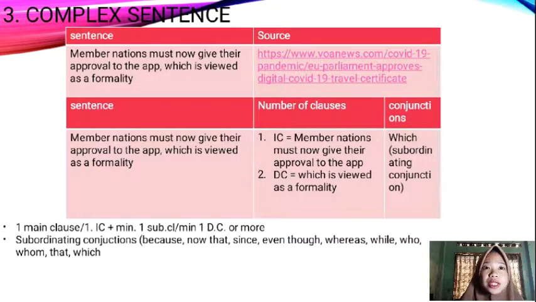And the dependent clause is which is viewed as a formality, and the conjunction is which, a subordinating conjunction. A complex sentence is one main clause or one independent clause plus at least one dependent clause or more, and a subordinating conjunction like that, because, now that, and etc.